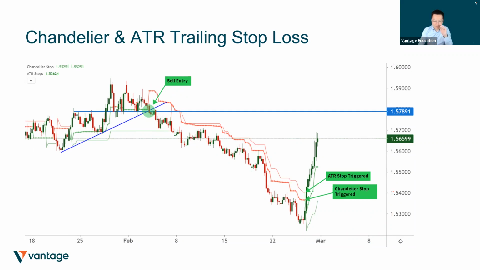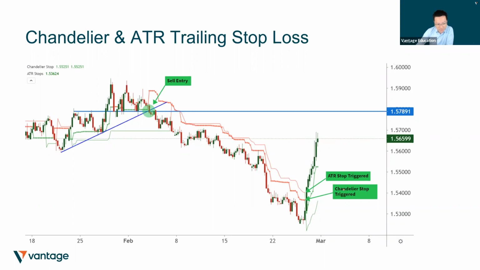So the main thing to pay attention to here is that so long as you have a mechanical level to identify where to move your trailing stop to, you should come to realize that it doesn't make that big a difference. It's really around that area of 1.54, slightly higher, thereabouts.